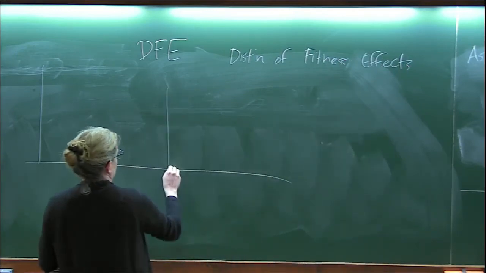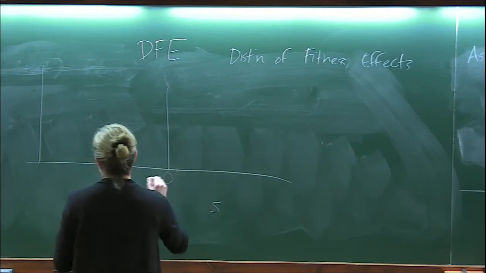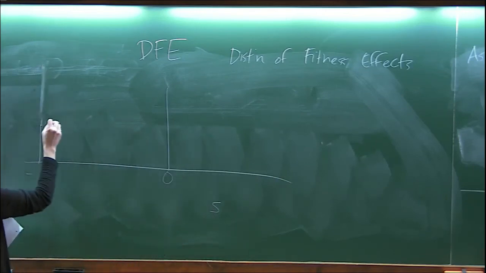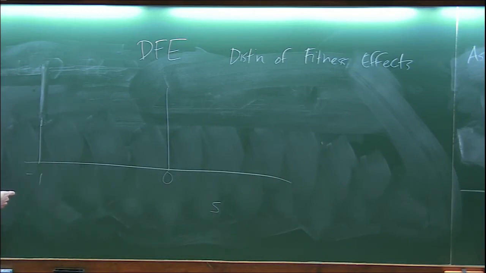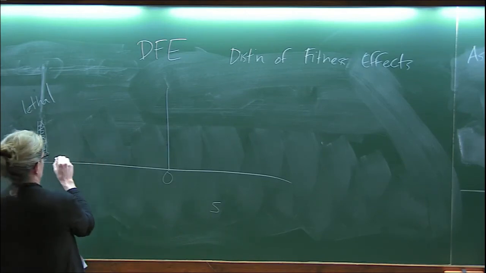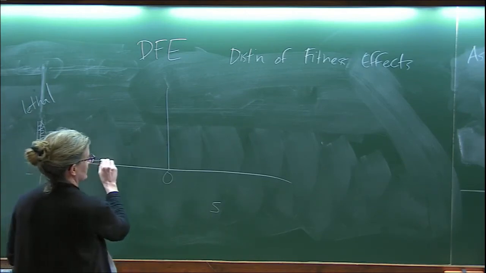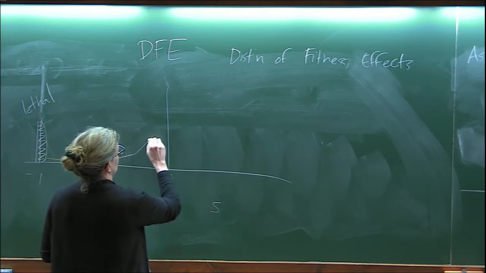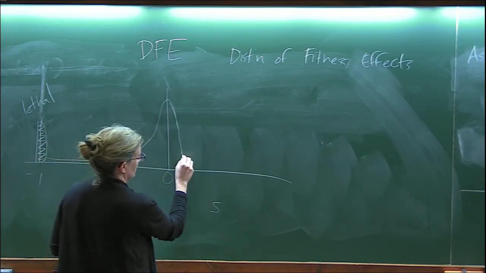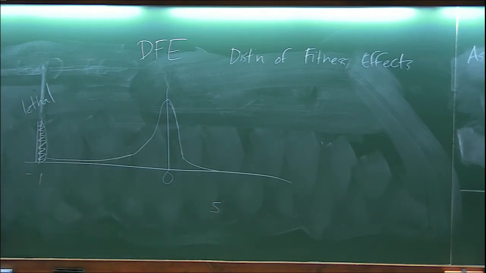So here is S, this is 0, this is -1, which is special because if S is -1, these guys are lethal. So there's some fraction of mutations, which are of course understudied for obvious reasons, that are lethal. And then we expect there's some kind of tail of deleterious mutations. Maybe there's some hump of relatively neutral ones, and then some different tail of beneficial.